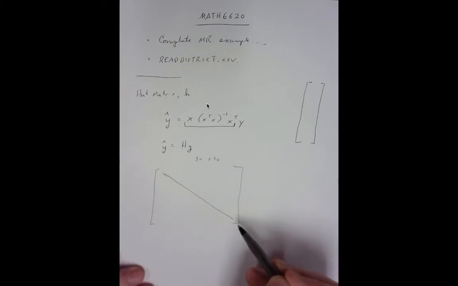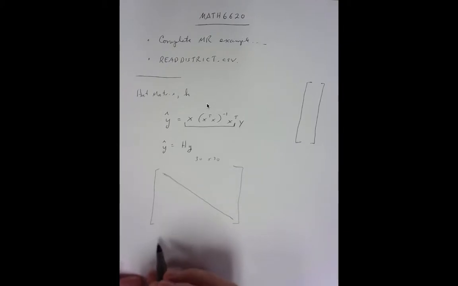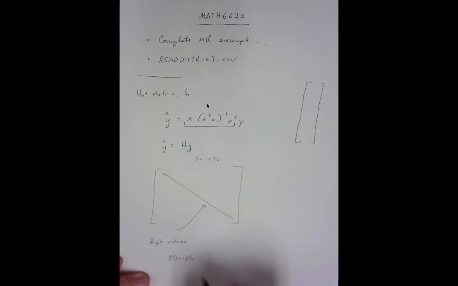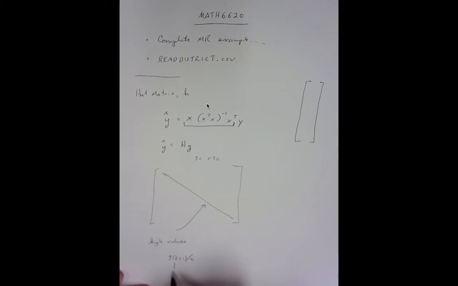And what this does, Stevens, we observe these to see if there are any high values. Now, what's high? Stevens at the University of Cincinnati says that we have 3 times k plus 1 over n. In our situation, k is the number of predictors, so I think we had 4.